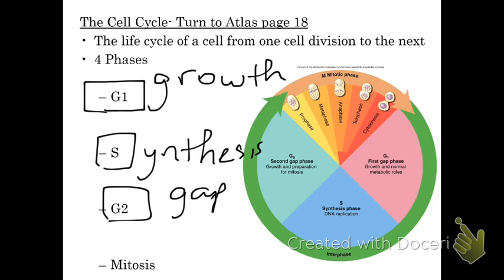This diagram uses the word gap. And then the 4th stage of the cell cycle is a process or a series of events referred to as mitosis. Mitosis.